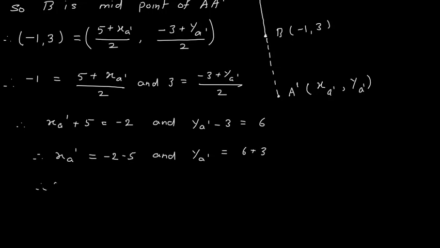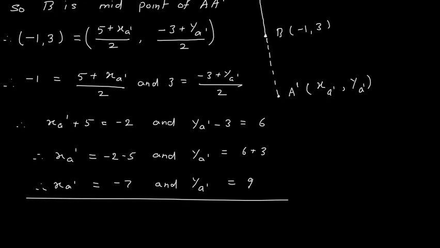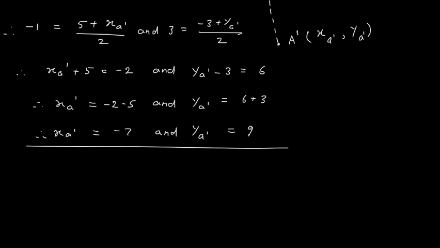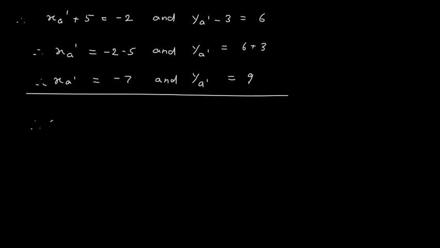So xA dash will become minus 7 and yA dash will become 6 plus 3, 9. So this is xA dash and yA dash, which means this is A dash. Therefore A dash is (-7, 9). So I will say that the image of A in B is (-7, 9).